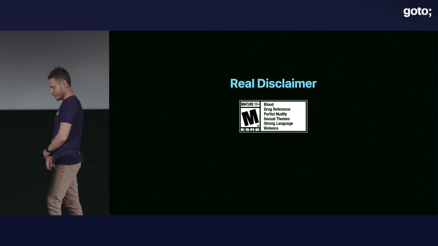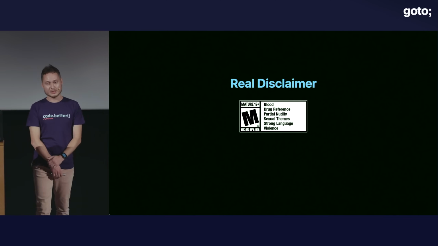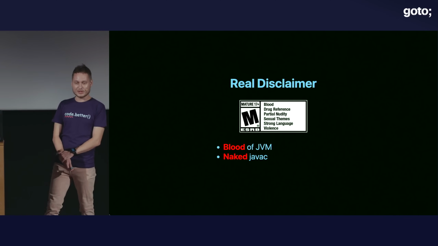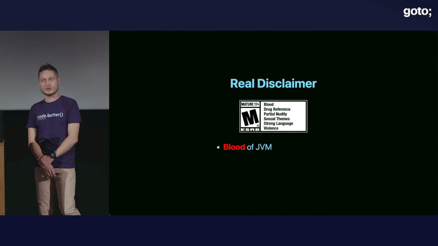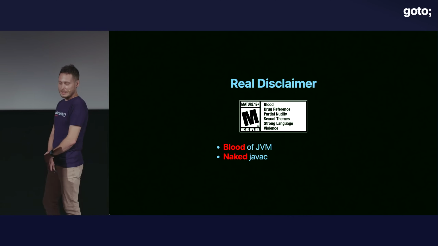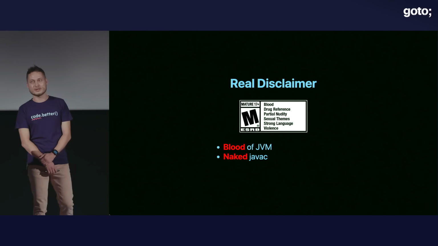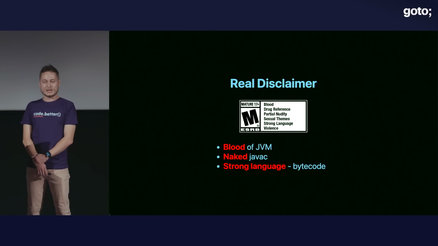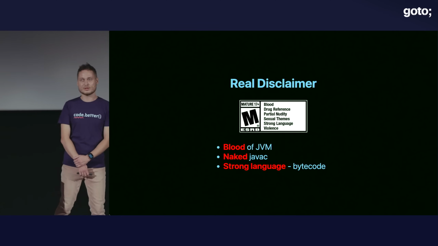And here is a real disclaimer for today's talk. I'm really sorry. There will be a little bit of blood out of your favorite Java virtual machine. There will be a naked Java compiler, no IDE, nothing, just the Java compiler. Strong language. We're going to talk not English, not French, not any other.